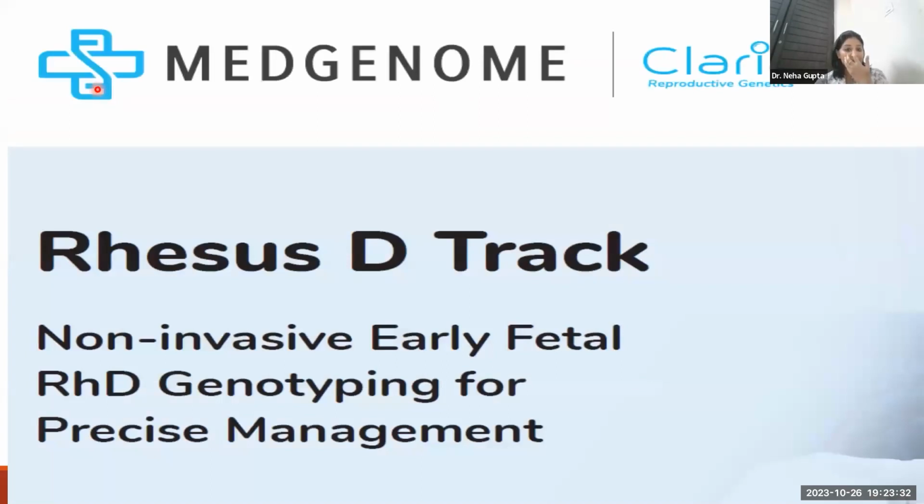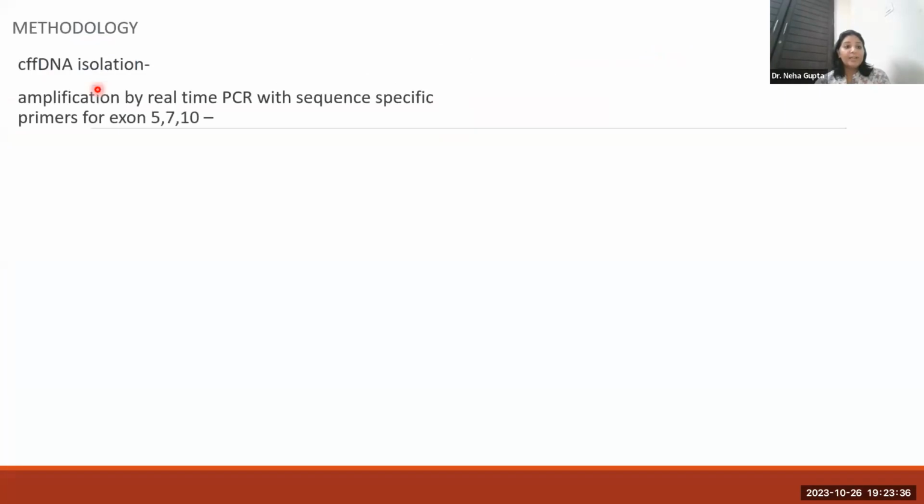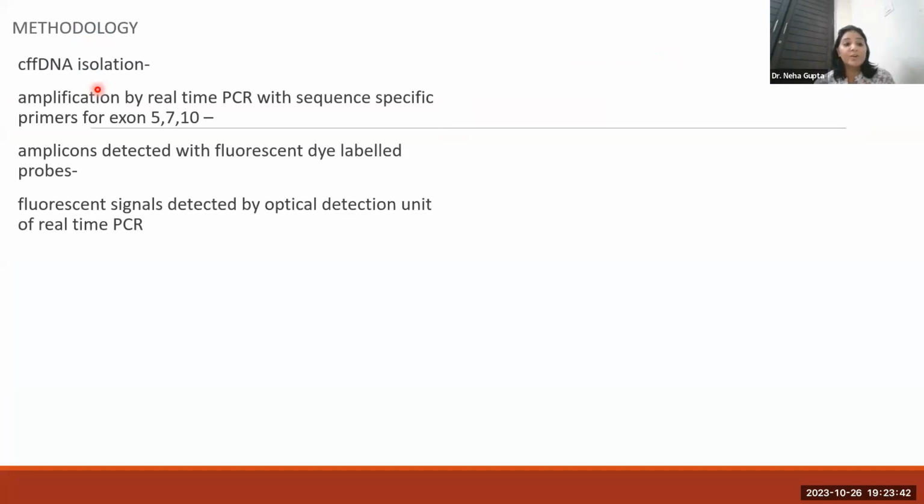A word about MedGenome RhD track. In this, cell-free DNA isolation is done, followed by amplification by real-time PCR for 3 exons, that is 5, 7, and 10. These amplicons are then detected with probes labeled with fluorescent dyes, and the signals are picked up by the optical detection unit of the real-time PCR.